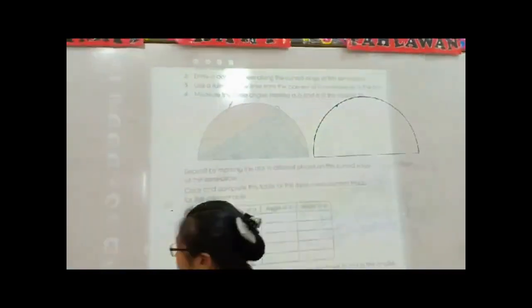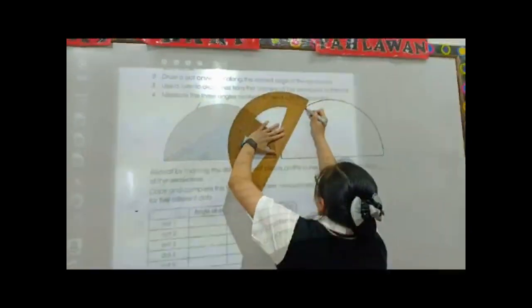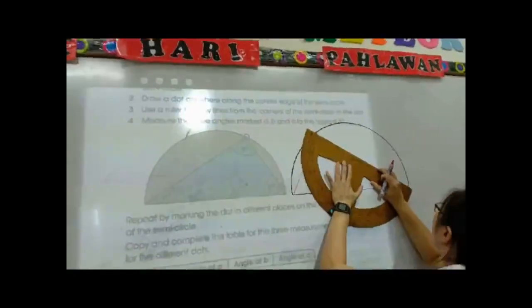Next, connect the angle A to B and C. Connect here, and then connect it here.